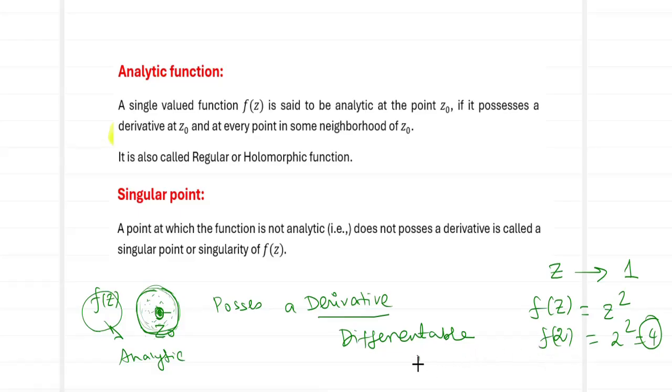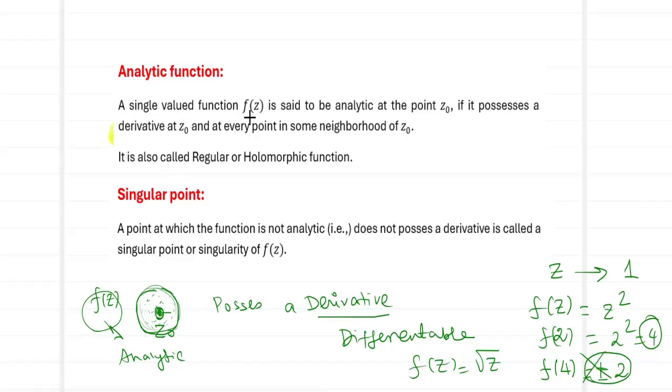But if I define my function f of z to be equal to square root of z and I give the input as 4, then what will be the output? It will be plus or minus 2. So do we call this a single valued function? No, we don't.